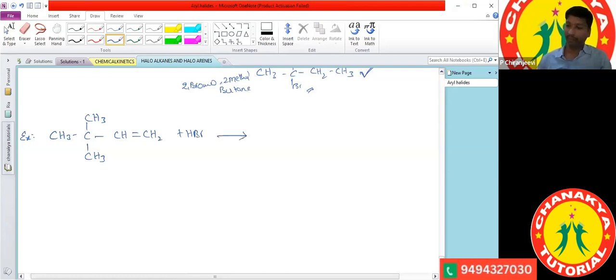So this is the question. What is the IUPAC name of the major product? That is my question. What is the IUPAC name of the major product?